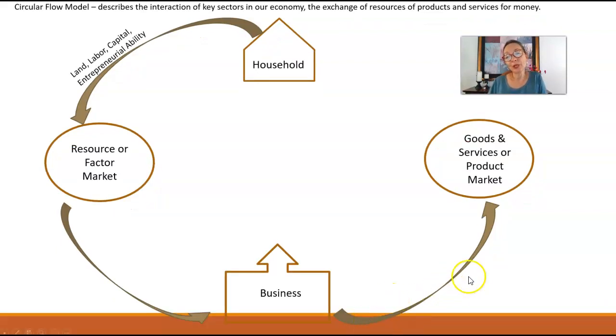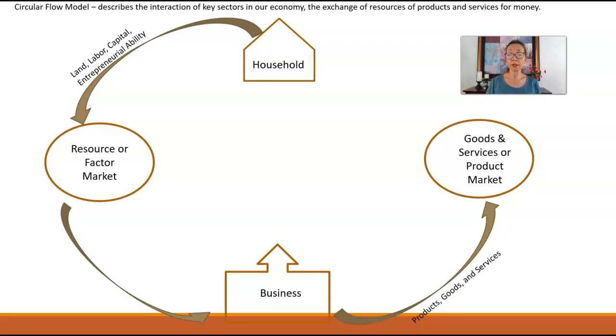So goods and services flow into the goods and services market. What is this abstract goods and services market? That's just a big name that we use to categorize all the stuff that's being sold. Blue jeans, television sets, cars, dental services, when you go to the hair salon, when you go to a lawyer's office, all the stuff that's being sold is put into the goods and services market.